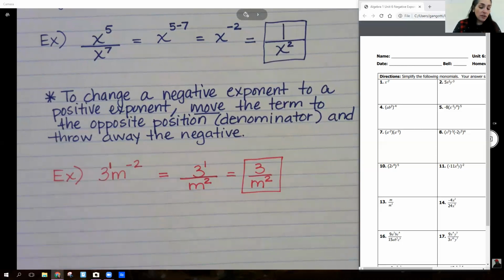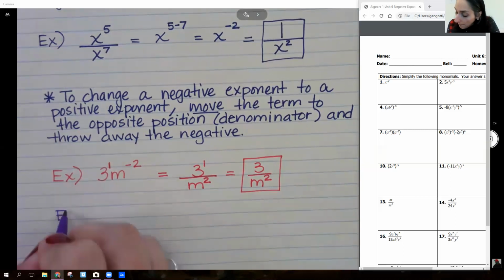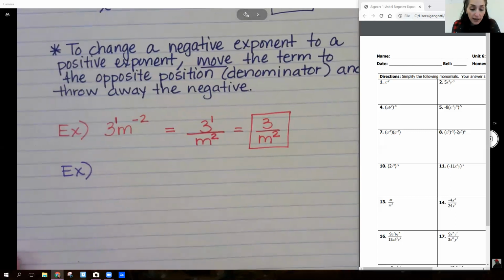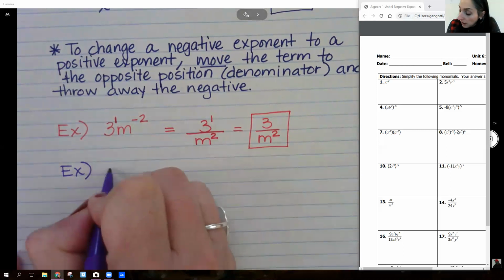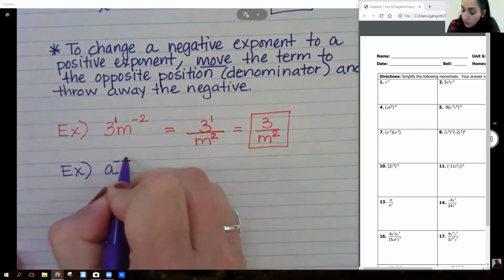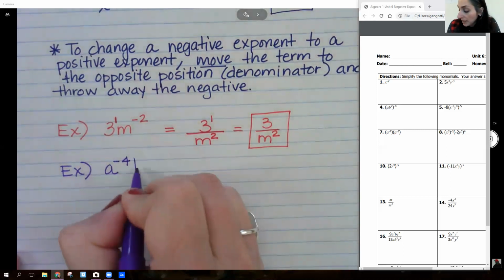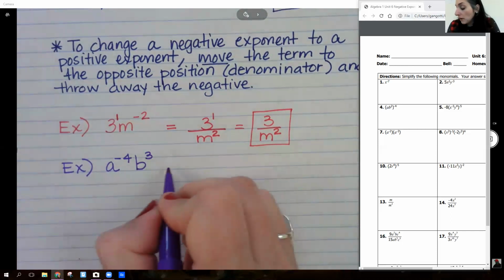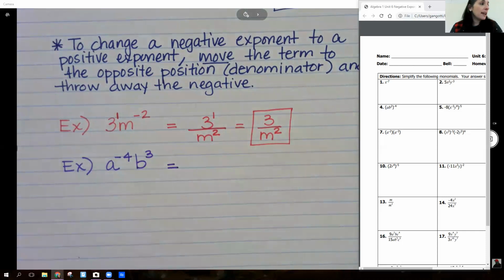So let's move on. Let's do another one. So let's say you had a to the -4th, b to the 3rd. Okay. All right. So once again, a and b are 2 different letters, so we cannot combine those exponents.